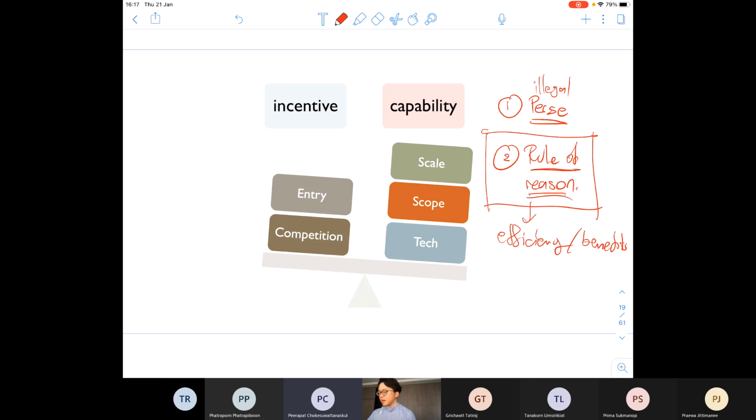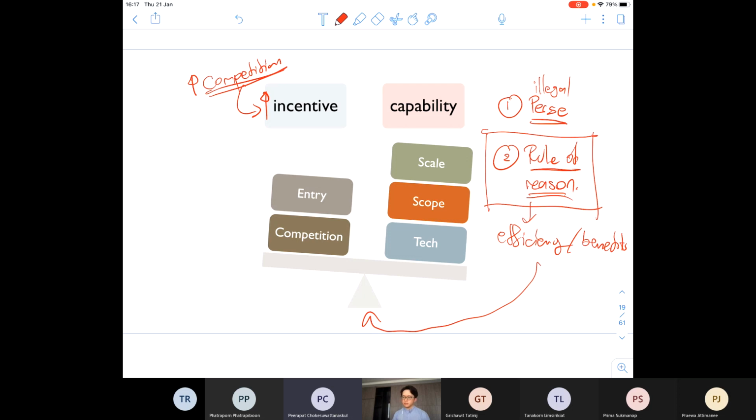And those things that you would argue are these two, right? Because competition law is all about trading off between these two things, incentive and capability. What it means is this: by increasing competition, I would increase incentive, right?